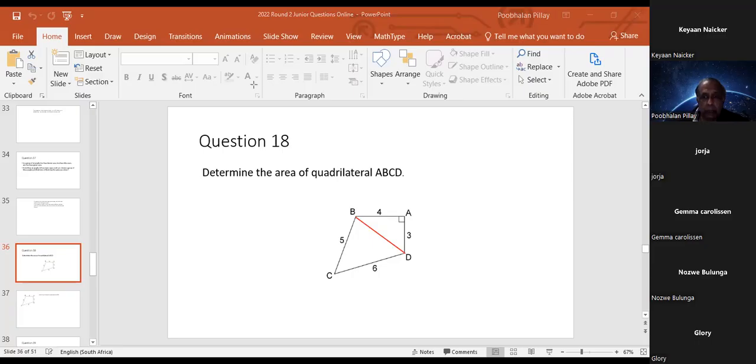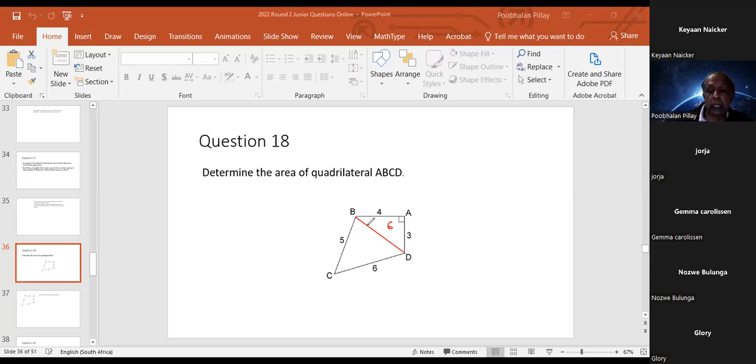Area of a right triangle, we need to find the area. So I draw this and I can work out the area of this right angle triangle. Half base times height. 4 times 3 is 12, divided by 2, and the answer is 6.